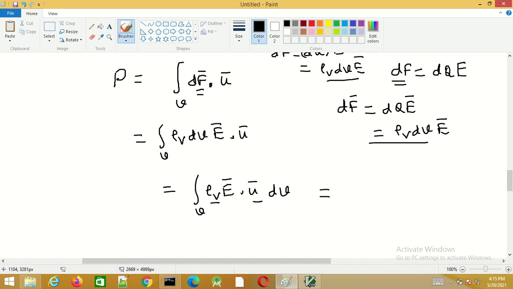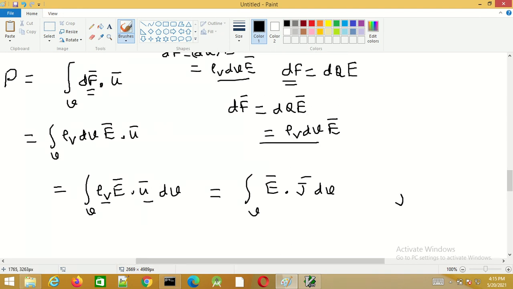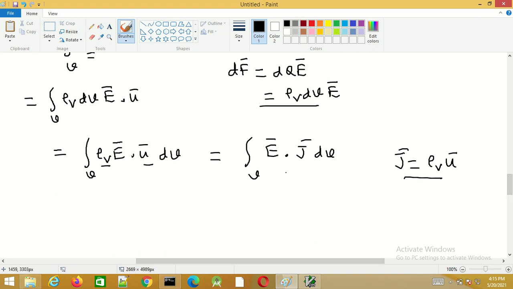We can combine rho v and u, and it can be written as E dot J, because we know that J is equal to rho v u. While deriving the expression for convection current density, we have seen that J is equal to rho v u. So from this expression we can see that this is nothing but the differential power.